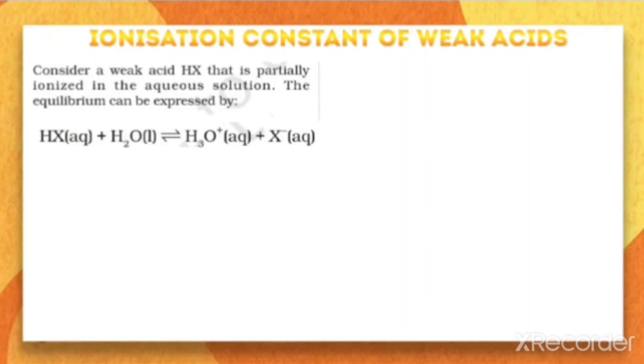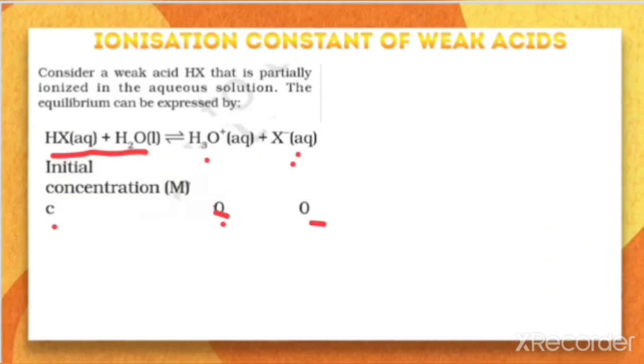So in this reaction, let C be the initial concentration of HX, that means before the ionization, the concentration of the weak acid is taken as C, because initially there was only reactant, no product.